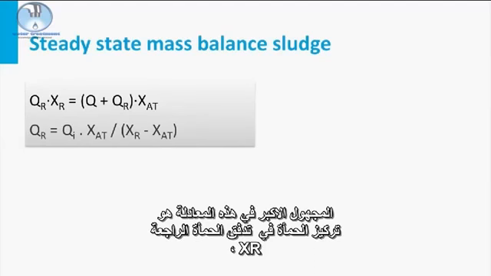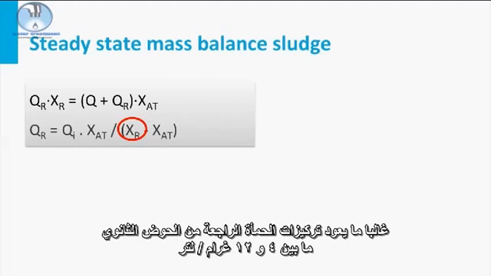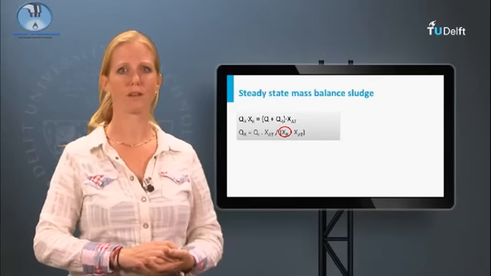The big unknown to solve this equation is the sludge concentration of the recycle flow, XR. We cannot know the precise XR unless we would measure it. Often return sludge concentrations from secondary clarifiers are between 4 and 12 grams per liter.